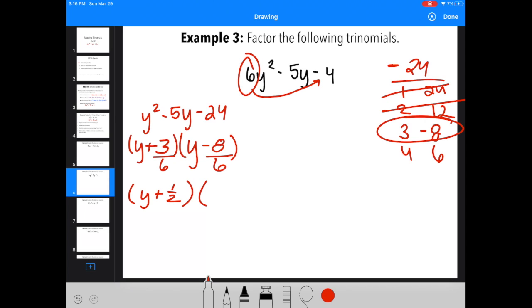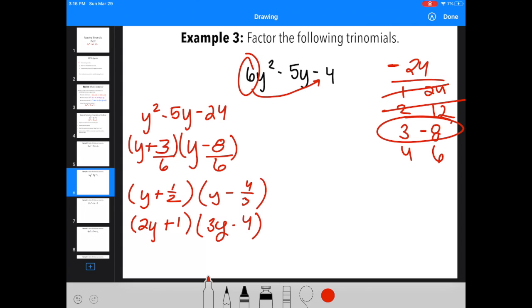What does negative 8 divided by 6 reduce down to? Negative 4/3. Now I slide those denominators over. So I get 2y plus 1 and 3y minus 4. Woo, that's a hefty one.